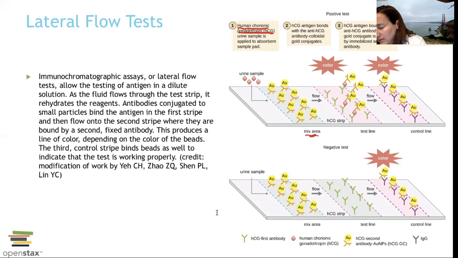So now it's going to hit the test line, and the test line is going to have the other antibodies that will attach onto those. So they are going to have our HCG first antibodies, these little green guys, and they will capture.